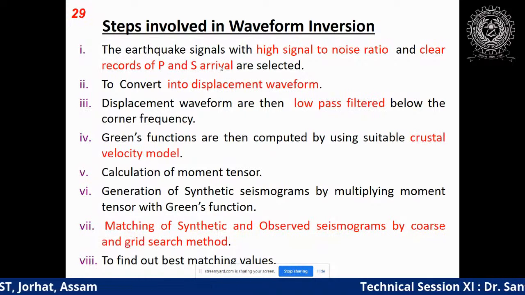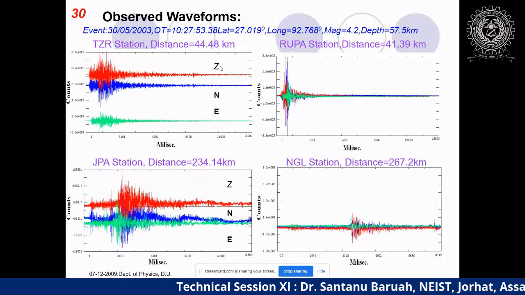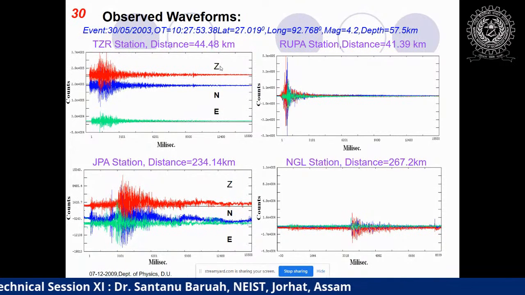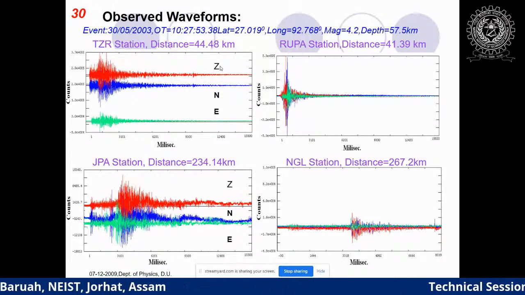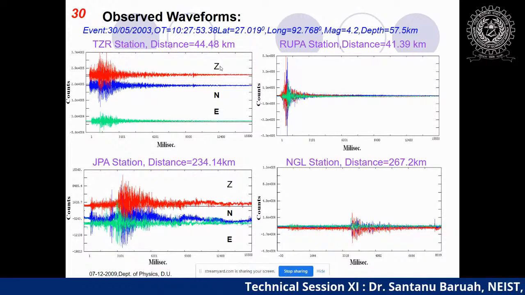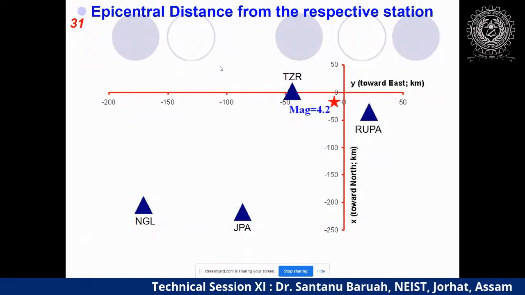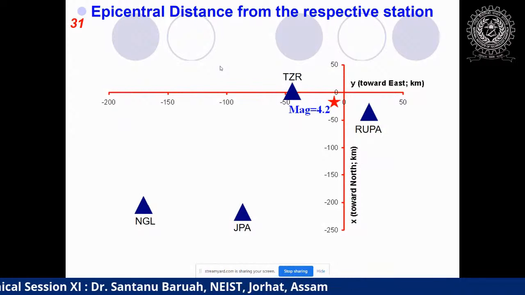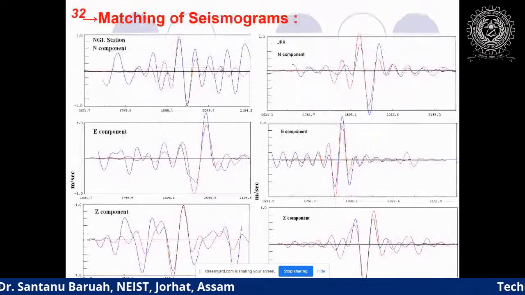I'm going to show some examples of waveform inversion results. So this is an earthquake of 2003 recorded by four different stations: Tezpur, Rupa, Jogighopa, and Nagalbibra. So this is a waveform, and this is the epicentral distance from the respective seismic stations.